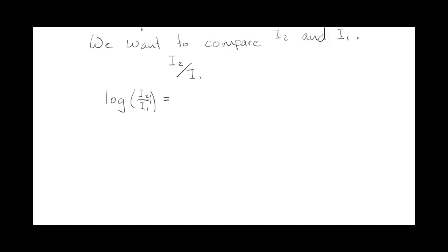In order to do this, I'm first going to take this fraction inside the logarithm, I2 over I1, and divide the top and the bottom by I0, which is allowed because if you do the same thing to the numerator and the denominator, you haven't changed the value of the fraction.